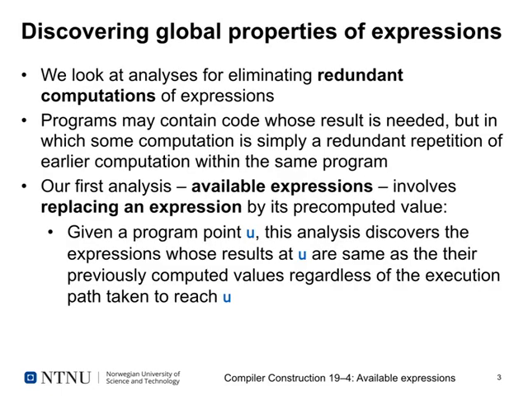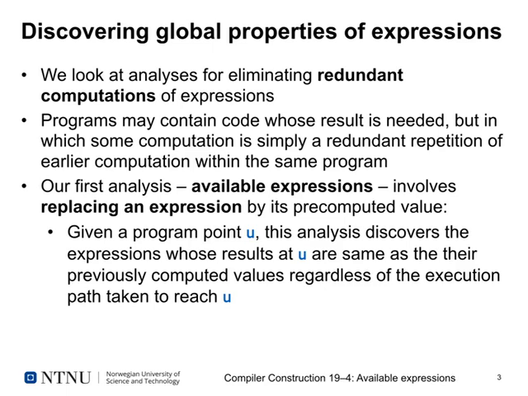When we want to discover global properties of expressions, we look at analyses that eliminate redundant computations of expressions over the piece of program we are looking at. Programs may contain code whose result is needed, but in which some of the computations we are doing are simply redundant.